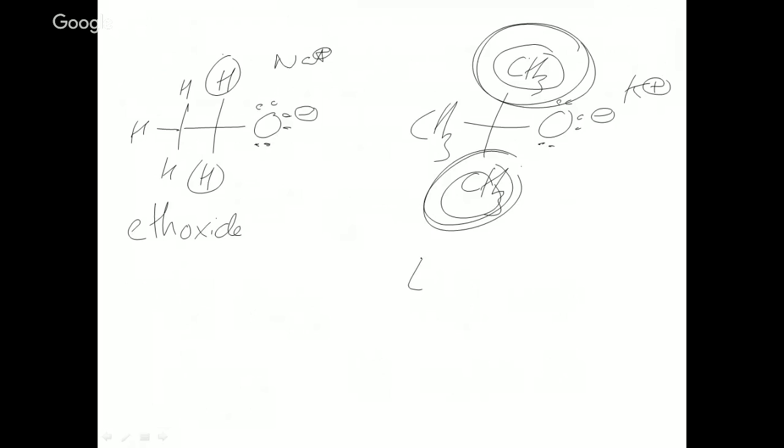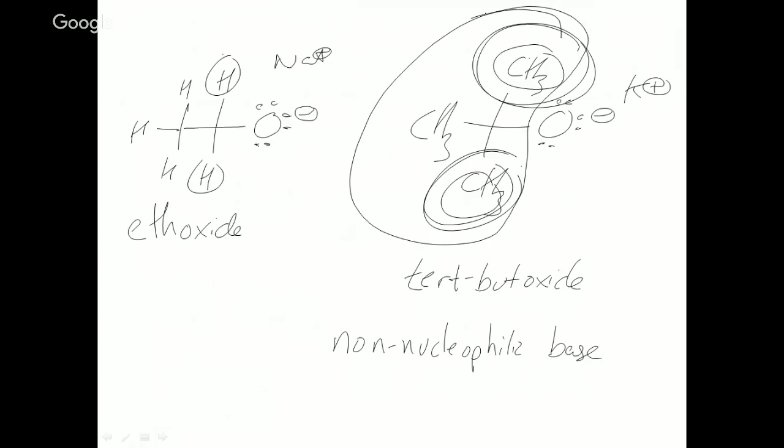Potassium tert-butoxide. T-butyl group, tert-butoxide. This is a non-nucleophilic base. It doesn't act as a nucleophile. Because of the size of this, it's too big to attack a carbon.